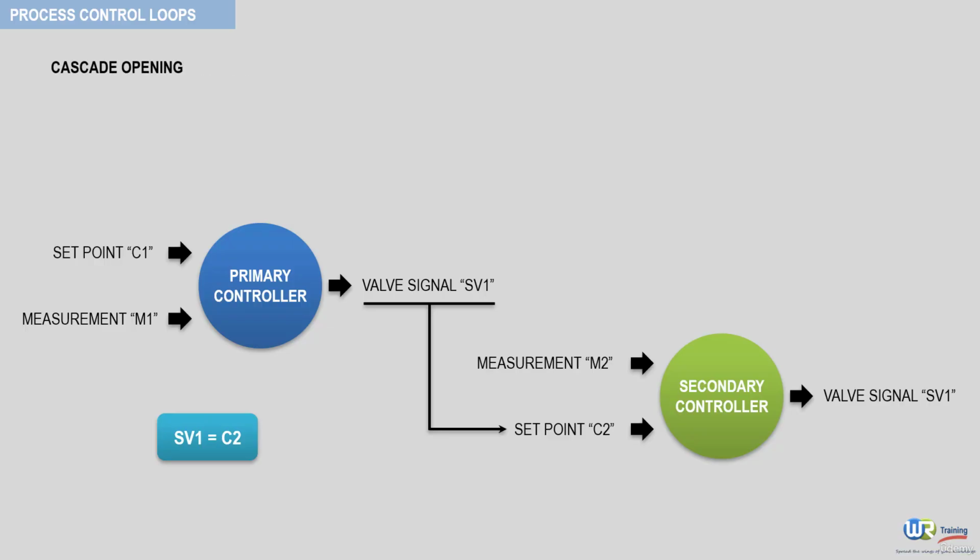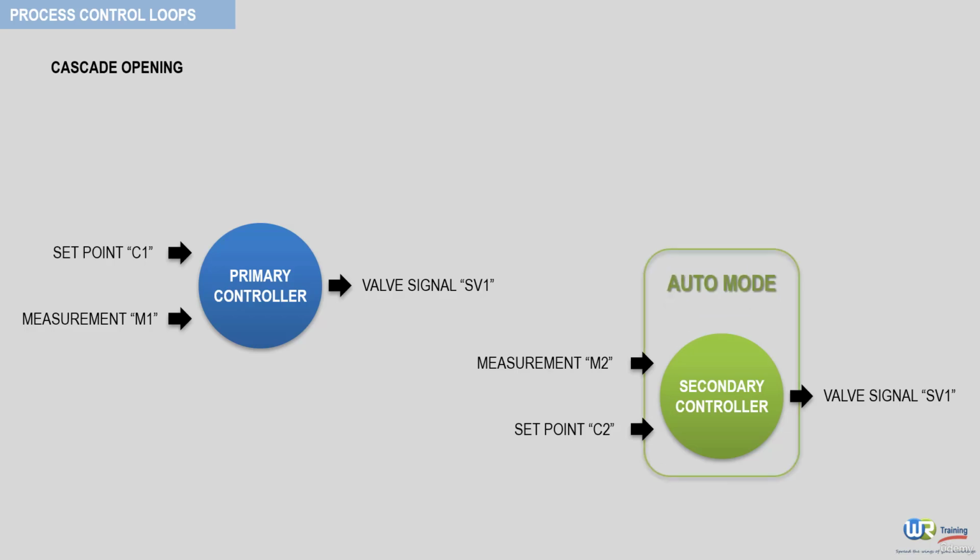Now, to disconnect, break, or open a cascade, we simply change the secondary controller to auto mode. In a conventional control system, it is sometimes necessary to align SV1, the output signal of the primary controller, and C2, the set point to the secondary controller, by modifying the value of C2.